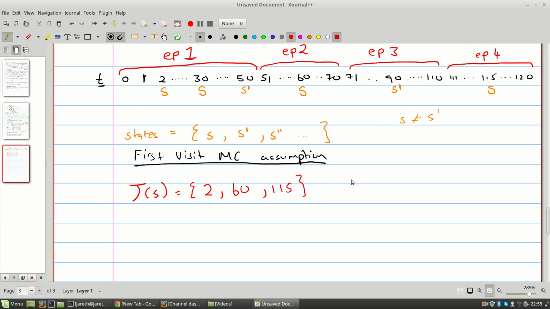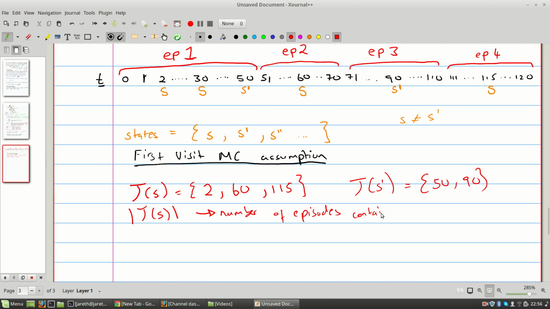And we can also have T of S prime equal to 50 and 90, where we visited it. So when we look at the cardinality of T of S, this is essentially representing the number of episodes containing state S in the first visit assumption.